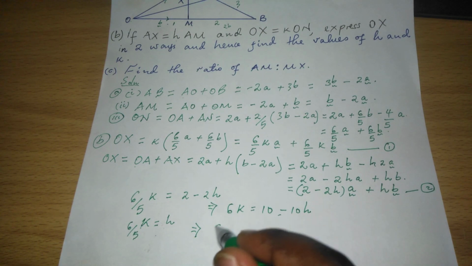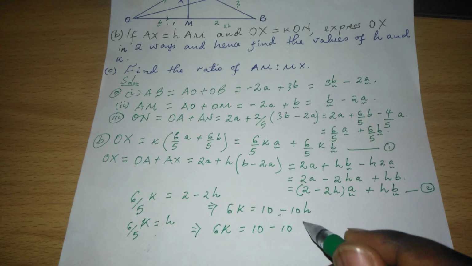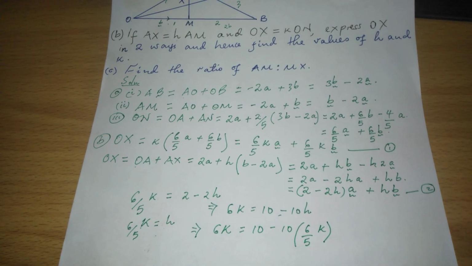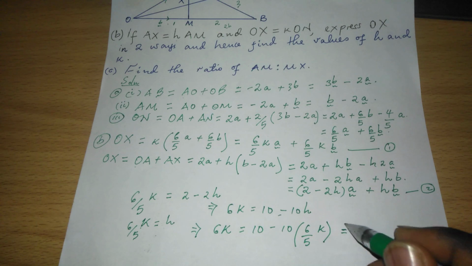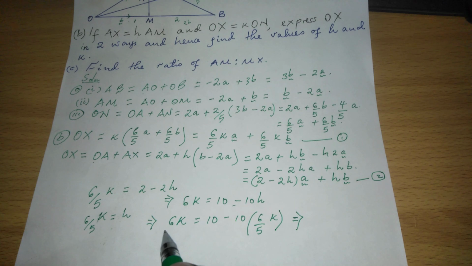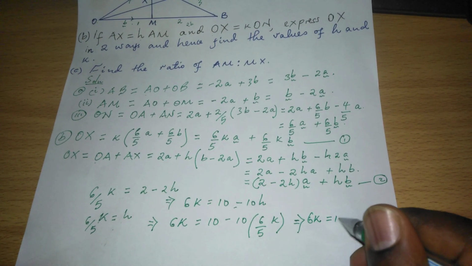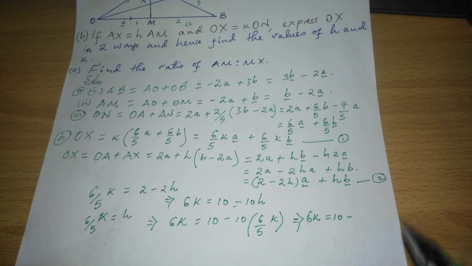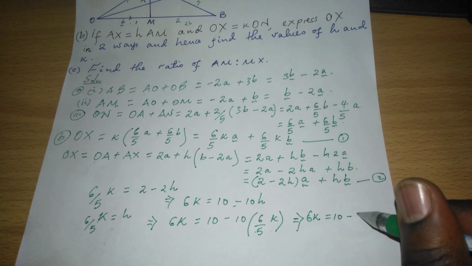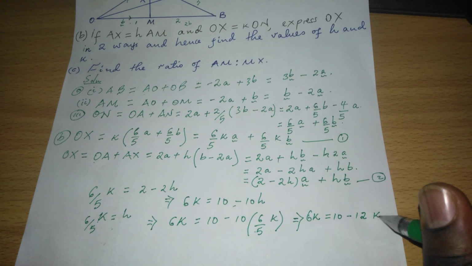So we can have 6K equals 10 minus 10, instead of H, 6 out of 5K, such that after this step we're going to obtain 6K equals 10 minus, by 5 we'll get 1 and by 5 we'll get 2, such that this becomes 12K.